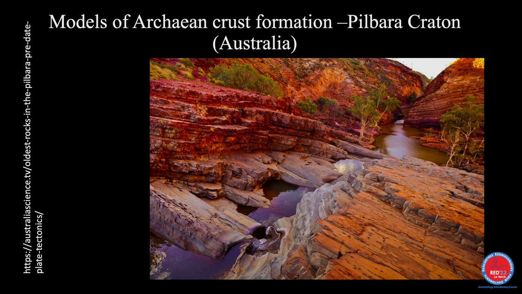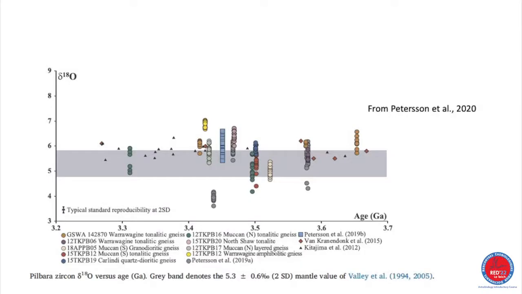The first model I want to present to you is by Patterson et al. 2020. They used rocks from the Pilbara craton, and here are the names of the rocks. So they are TTGs, they are gneisses, and so on.